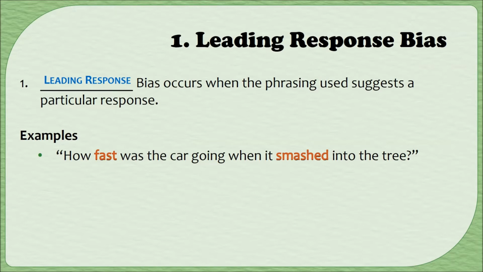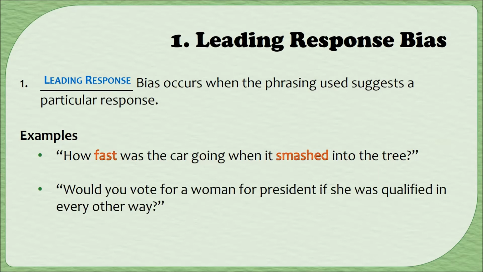A second and more subtle example of a leading response bias: would you vote for a woman for president if she was qualified in every other way? Now, I say this one is more subtle because I wouldn't necessarily think this is biased looking at it, because it sounds like they're asking, hey, if a woman is qualified, are you going to vote for her? However, this last phrase here, every other way, that word other is implying that being a woman is a disqualification for president.